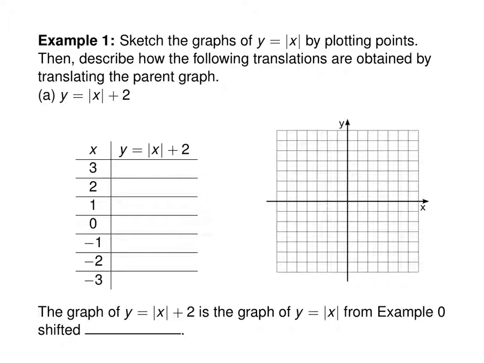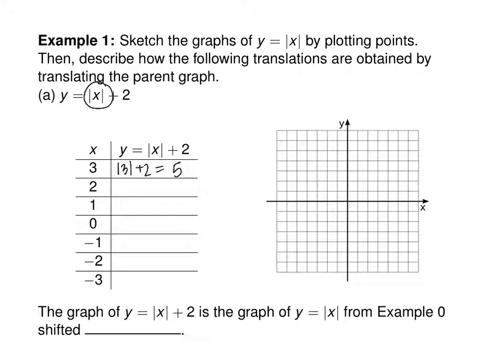So here we have the graph of absolute value of x plus 2. And because those absolute value bars are around the x, they mean do the absolute valuing first and then add the 2 on. So for example, if we input 3, we get the absolute value of 3 plus 2, which is 3's absolute value is 3, and 3 plus 2 will give us 5.